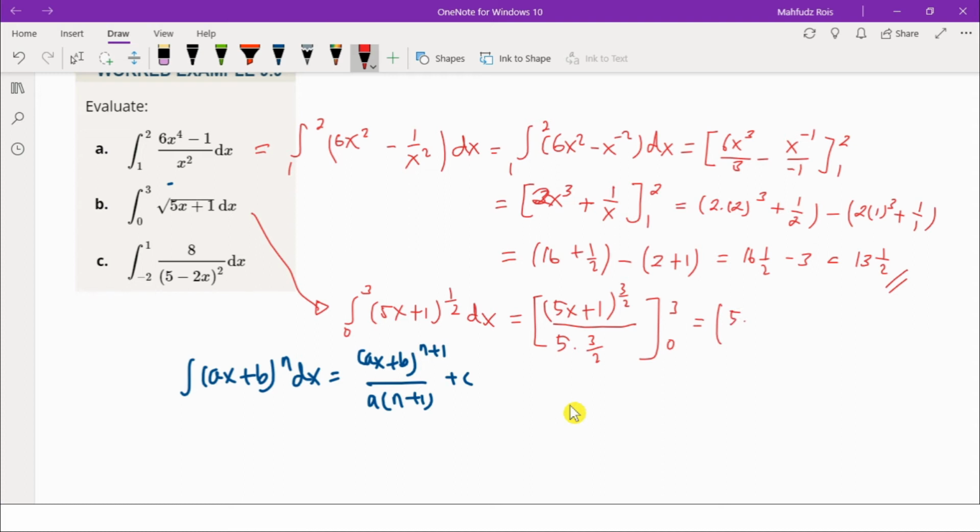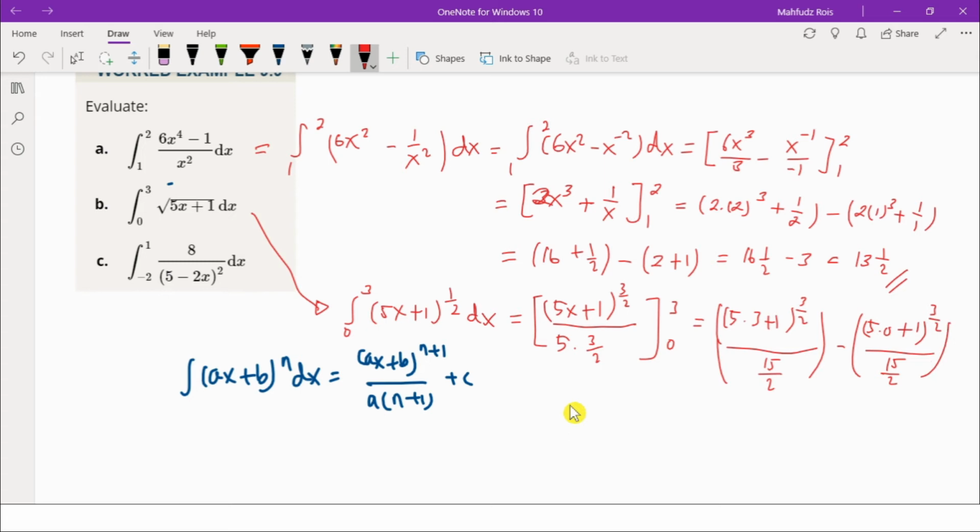5 times 3 plus 1 to the 3 over 2, and then over 15 over 2, all right, minus 5 times 0 plus 1 to the 3 over 2 over 15 over 2, like this, see?